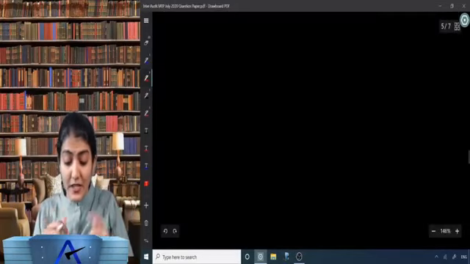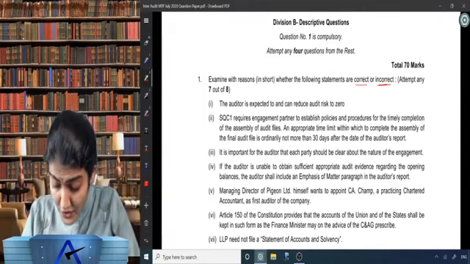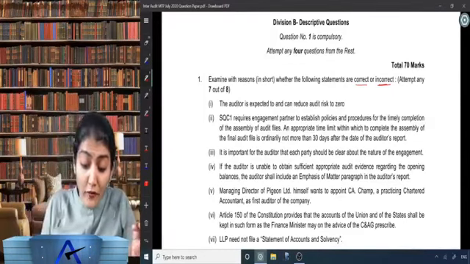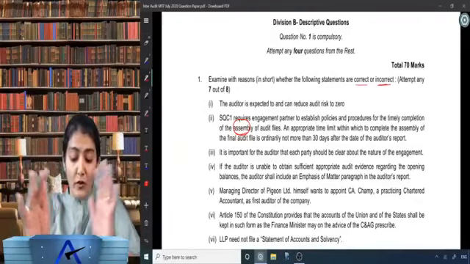Okay. Right. Coming to the next one, an easy one and a numerical one. SQC1 requires engagement partner to establish policies and procedures for the timely completion of the assembly of the audit file, the final preparation, touch-up of the audit file.